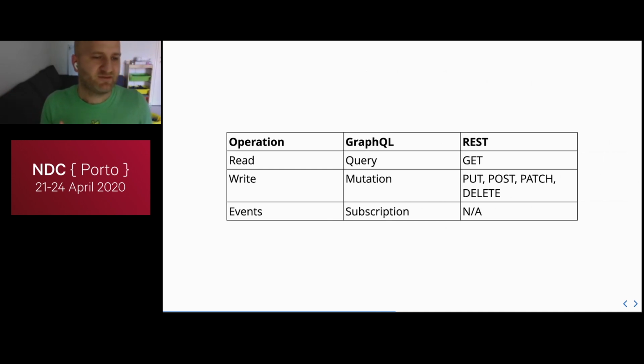And then we have something that is called a mutation, and that is basically the write request. And mutations have side effects because they change data on our server. It compares to the PUT, POST, PATCH, and DELETE. I never knew what to choose of those, but in GraphQL, it's just a mutation. And then we have the subscription root type, which is our event system, our PubSub.